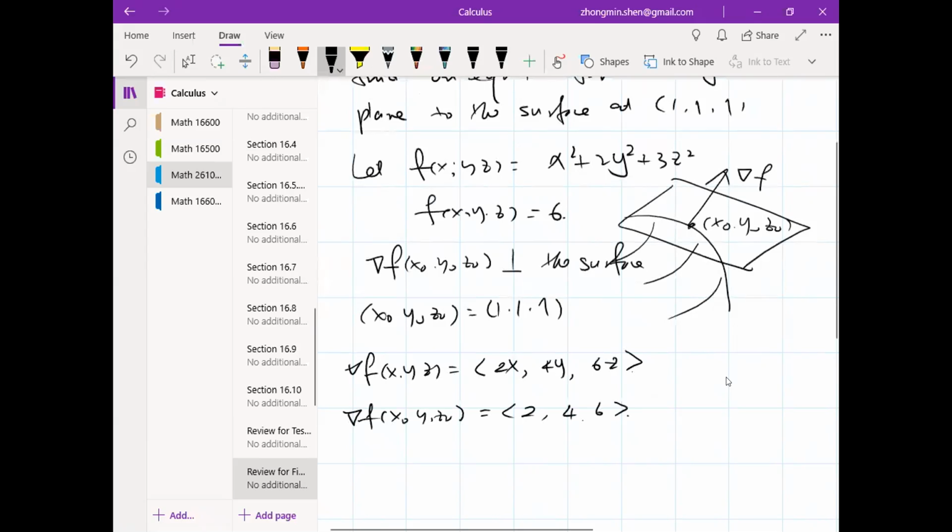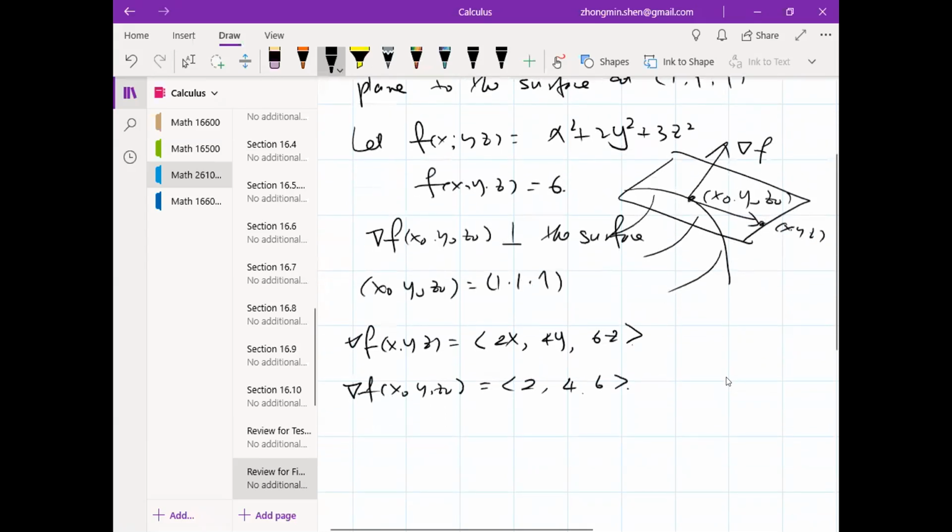So this is a normal vector. Now you know the normal vector, you know the point, and you can get the equation for the tangent plane. An arbitrary point x, y, z on the plane, if you look at the difference from this fixed point to that point on the plane, this is a tangent vector to the surface, which should be perpendicular to the normal vector.